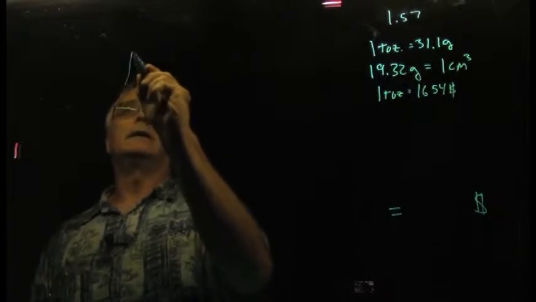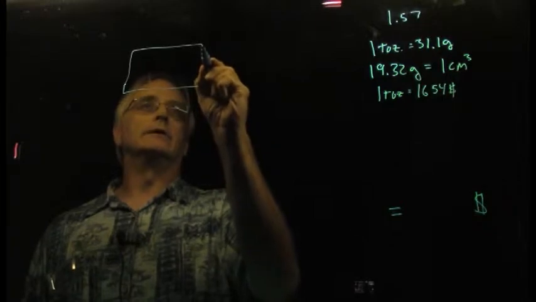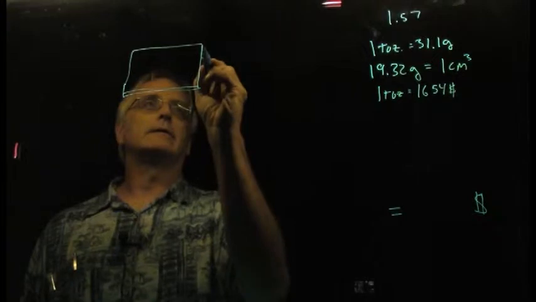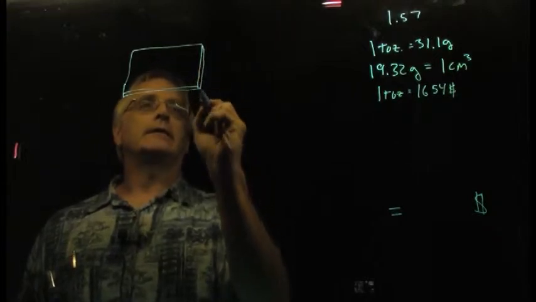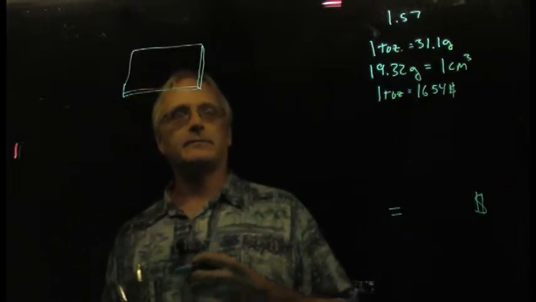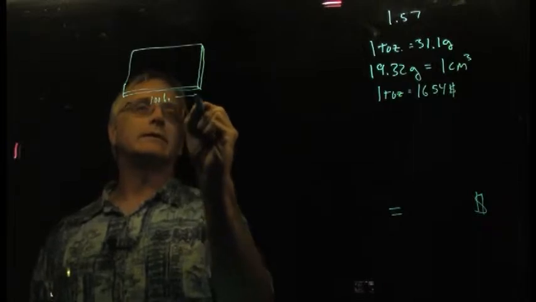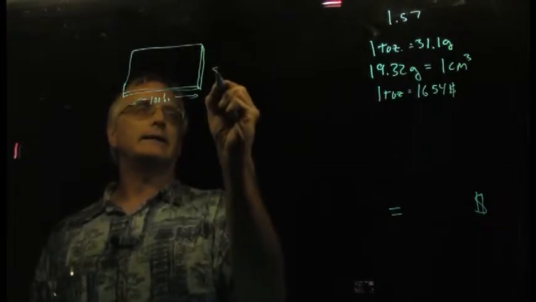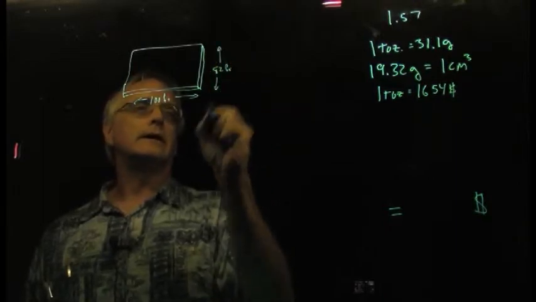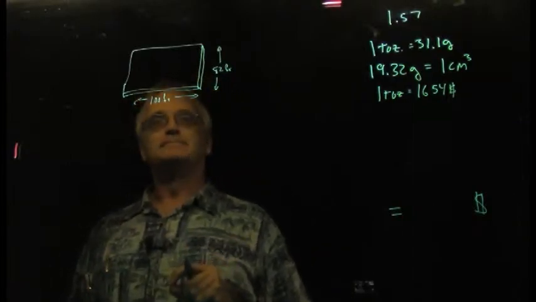So I'm going to draw a rough approximation of this gold leaf with no attempt at being artistic whatsoever, except I'm trying to draw it three-dimensionally. Try to give a feel that this is a three-dimensional object that may be 100 feet long, 82 feet wide. But the thickness, while there, is extremely small.